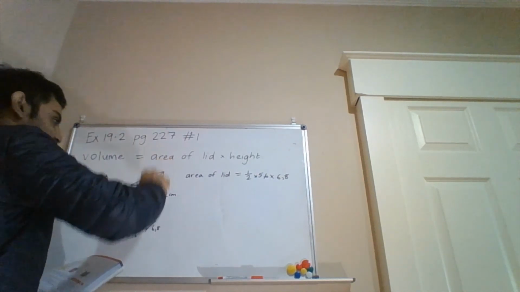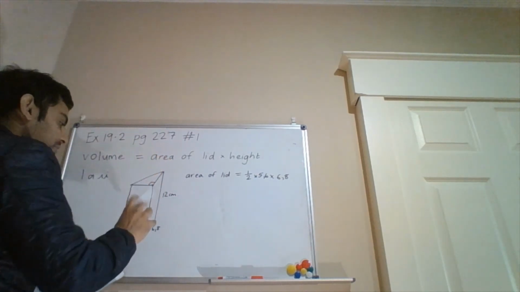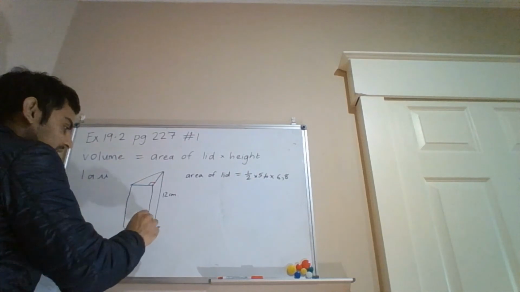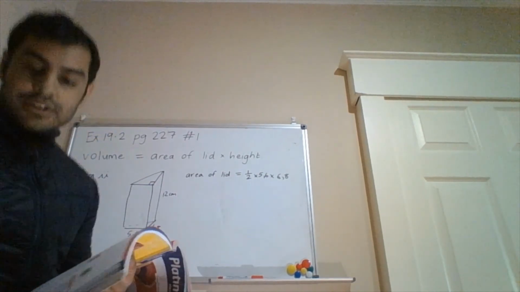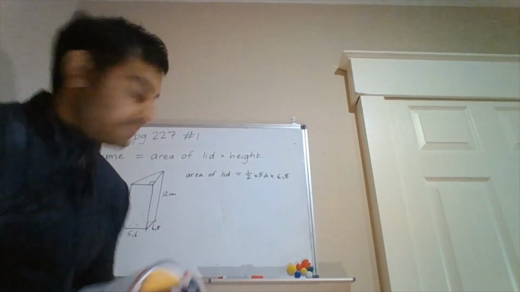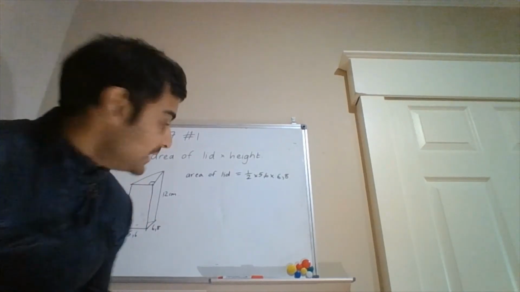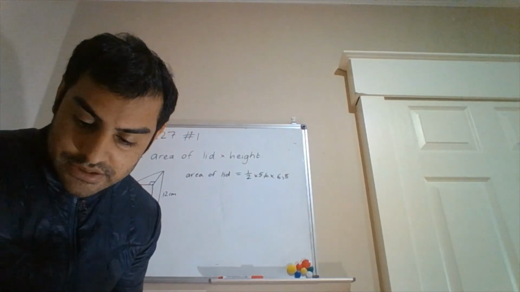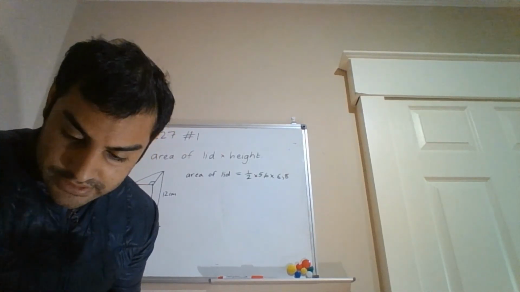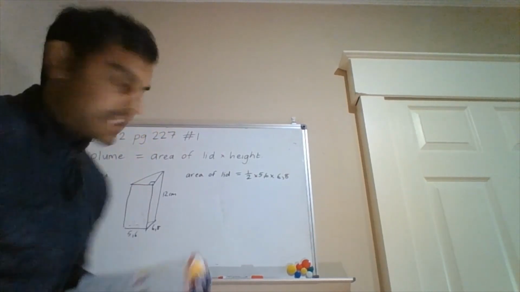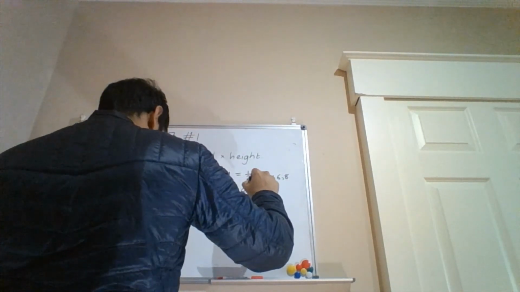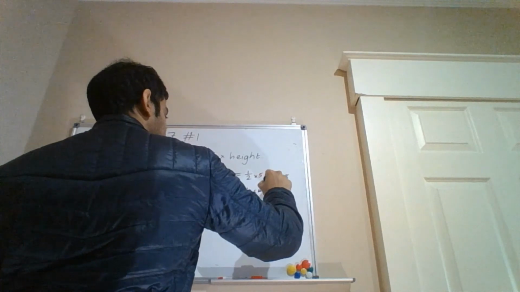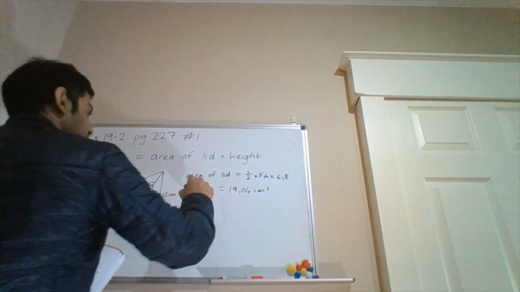This is the height of the 3D object, and this is the height of our lid. So let's see what this gives us. A half times 5.6 times 6.8. I get 19.04, and our unit was centimeters, so centimeters squared.